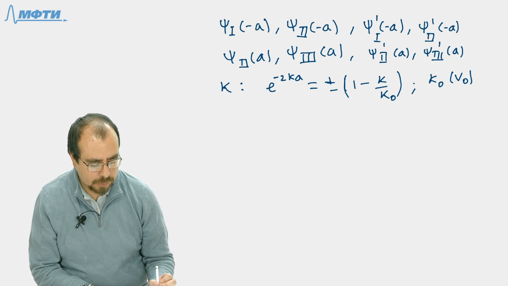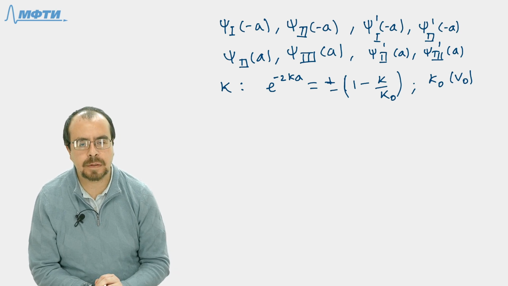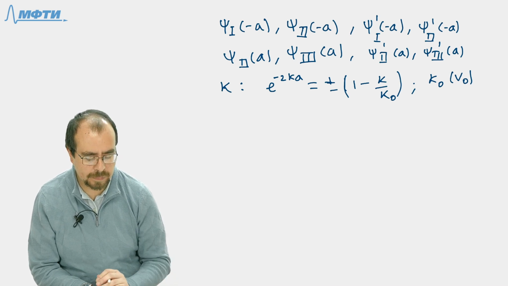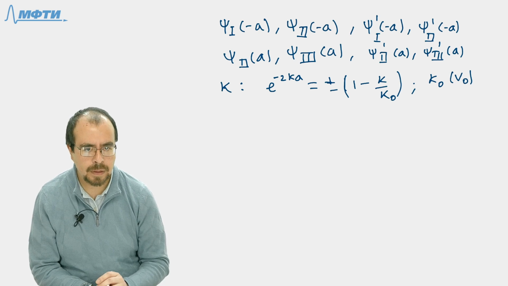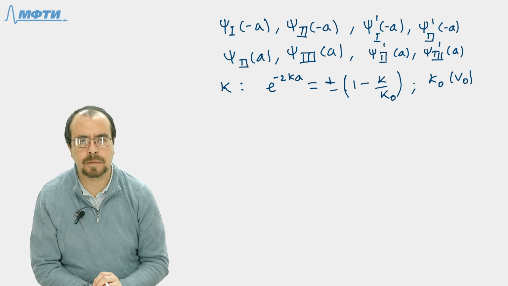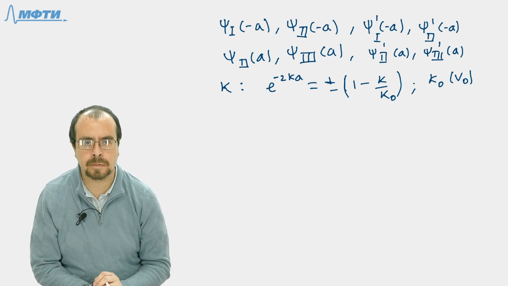And as you might know, this is called a transcendental equation, because in one place we have k in the exponential, but also in the other place we have k. So it's kind of difficult to solve this equation with standard algorithms.